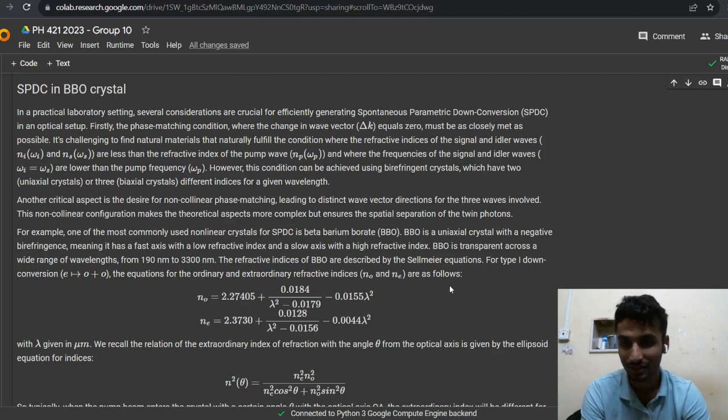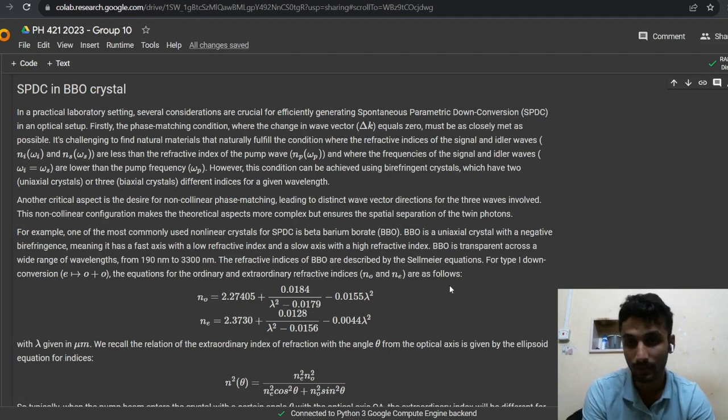Hello everyone, I'm Siddharth Stephen, and in this part of our photonics project, SPDC, we look at practical application, how it actually works in the laboratory, by taking the example of a BBO crystal, a beta barium borate crystal.